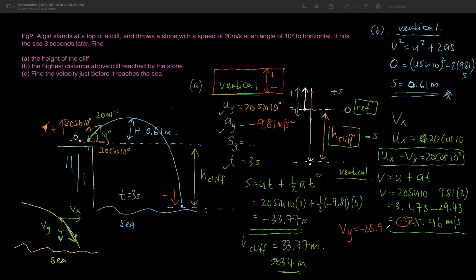减25.96 ms。So 我画我的 vector diagram，我知道我的 Vx 去右边是20 cos 10，对吗？然后我的 Vy 我就从它的头 join 下去，这个是25.96。那个减我拿走它，因为我已经画了那个 arrow 往下，我可以不用写那个减，我只 show 出来它的 arrow，它的 direction 是向下。接下来要找 V，you use the Pythagoras theorem.